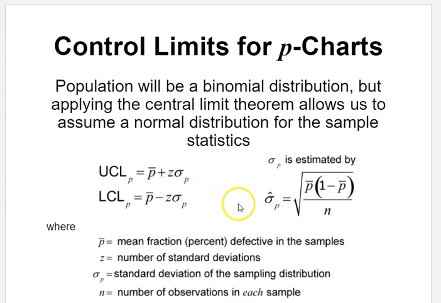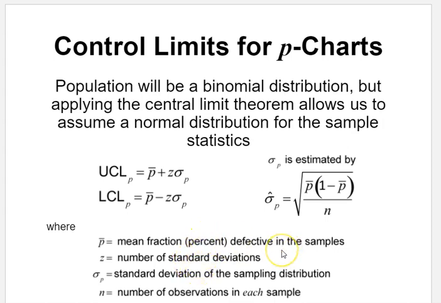If you have p bar and the sample size, or the number of observations in each sample, you can calculate the standard deviation for proportion. If you have the average of the defects in percent at different times, and if you have the sample size, you can calculate the standard deviation.